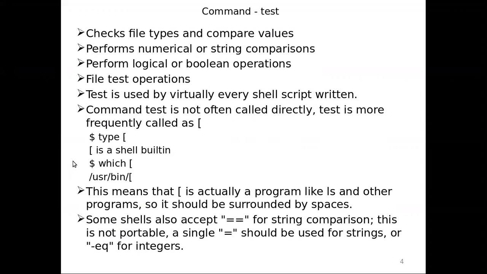That's what we have seen. Now it performs numerical or string operations, logical Boolean operations, file test operations. So all it will do. So we also checked this thing, and for the string you need to use this equal to, and for the expression you need to use this equal to EQ.